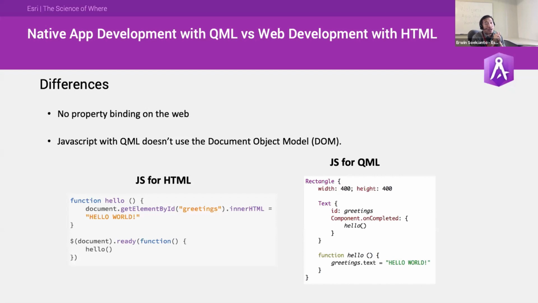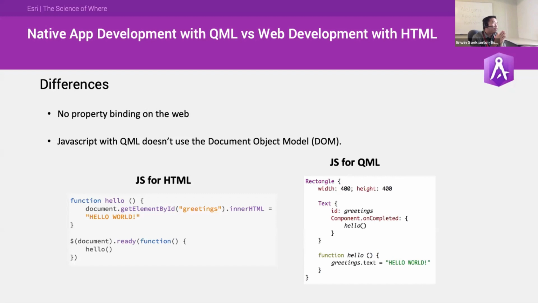If you use jQuery a lot to create components using JavaScript, we don't have that. We do not have the DOM itself, but you can create components using JavaScript in QML; it's just not using the document object model. You create components inside QML.